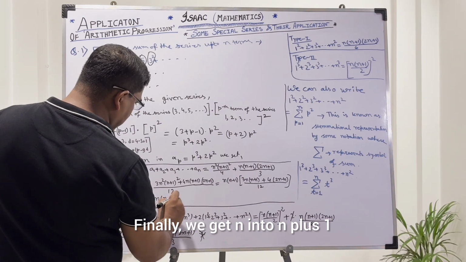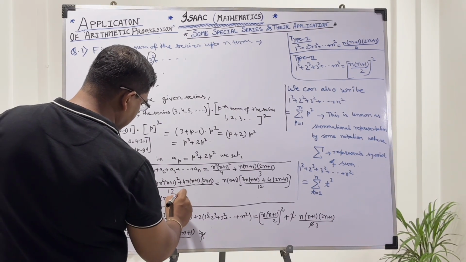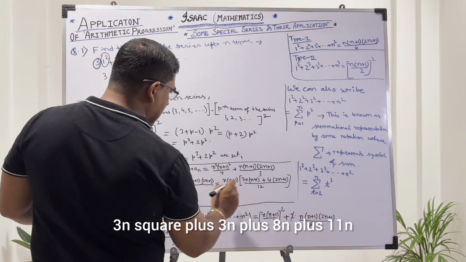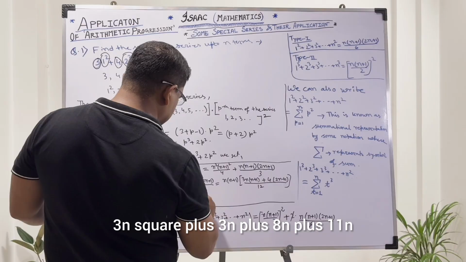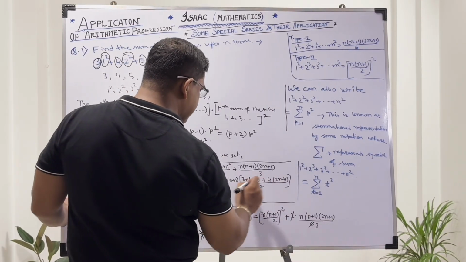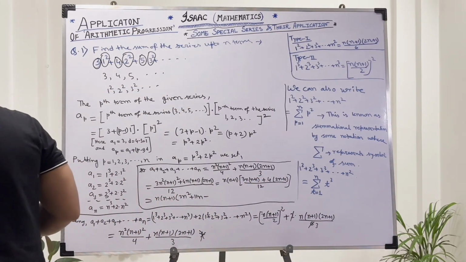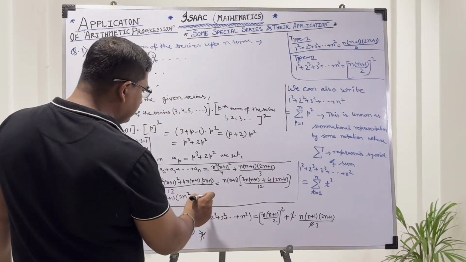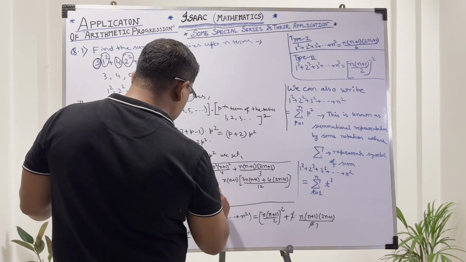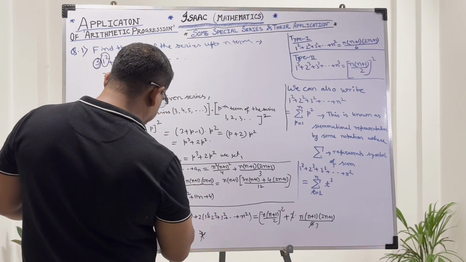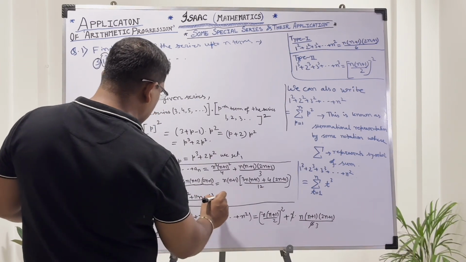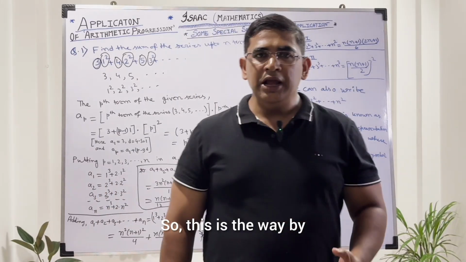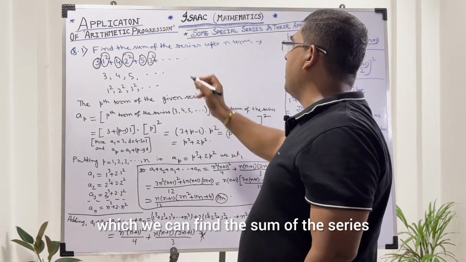Finally, we get n into (n plus 1) into (3n square plus 3n plus 8n plus 4), that is 3n square plus 11n plus 4, whole divided by 12. So this is the way by which we can find the sum of this series.